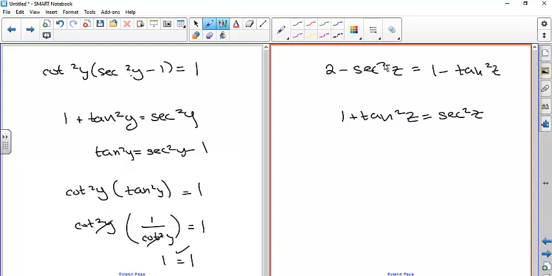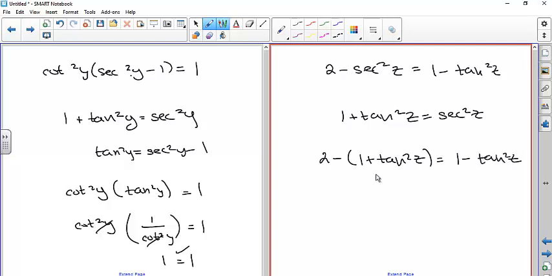So you can see I have secant squared is equal to 1 plus tangent squared. So I can plug that in. For secant squared, I can plug in 1 plus tangent squared. So I get 2 minus the quantity 1 plus tangent squared of z. That's equal to 1 minus tangent squared of z.